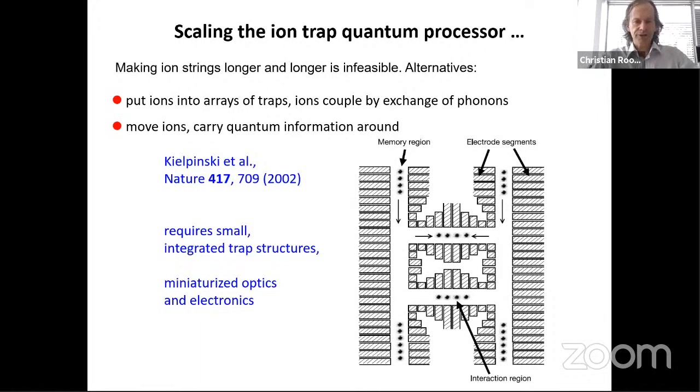One approach that has been advertised by the NIST group for a long time is to build segmented traps, which are microfabricated traps with a large number of electrodes, which enable more complex trapping potentials. So instead of having just a single harmonic trapping potential, you can think of having different trapping zones in which you can trap subgroups of ions, where some zones are used for interaction where the ions interact with laser beams, and other zones might be used for coupling ions to a detector.